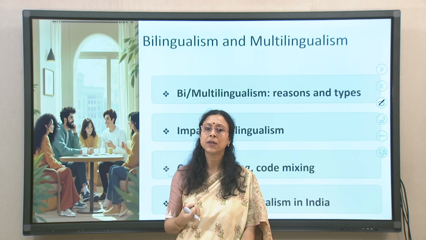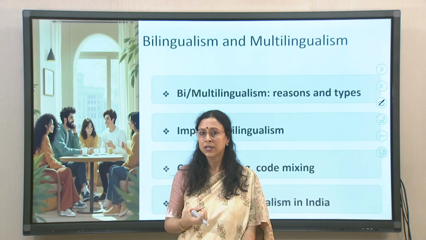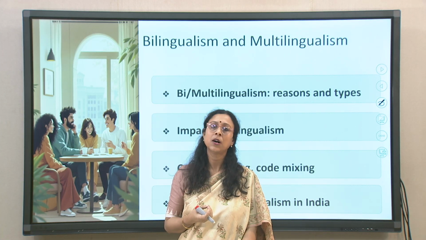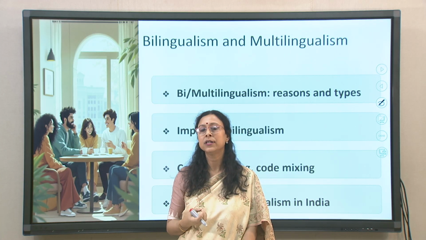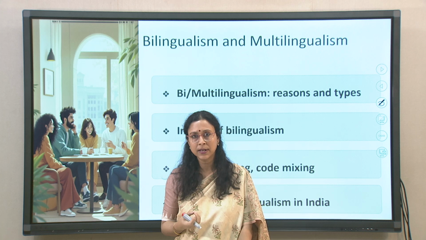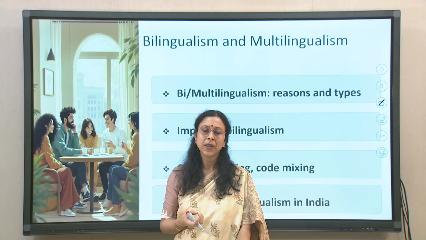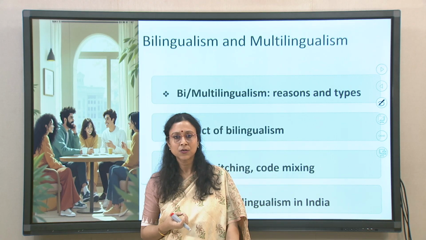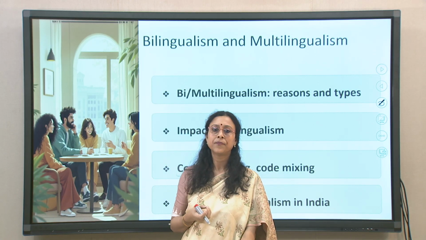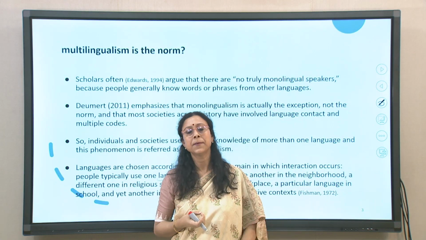It also gives us certain very interesting understanding about how languages, while they belong to different language families, combine certain features, yet they keep their distinct identity intact and so on. So, that is why we will discuss the case of multilingualism in India.